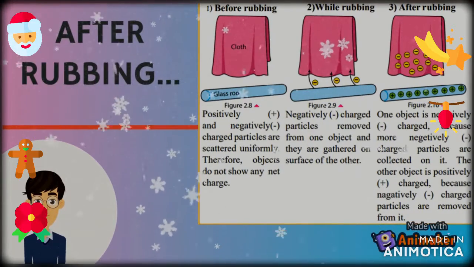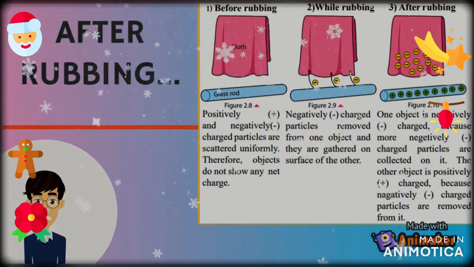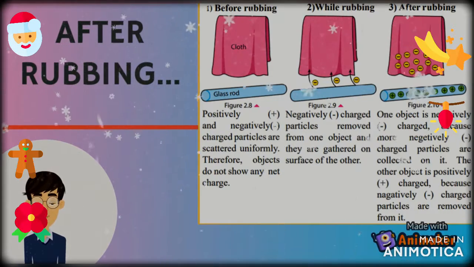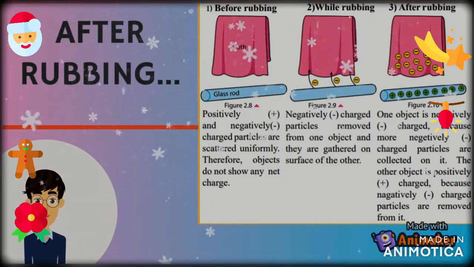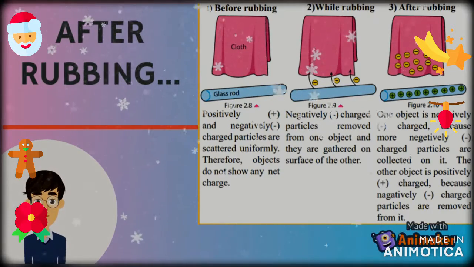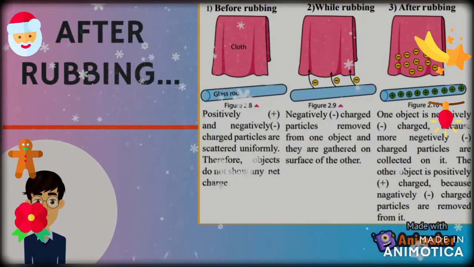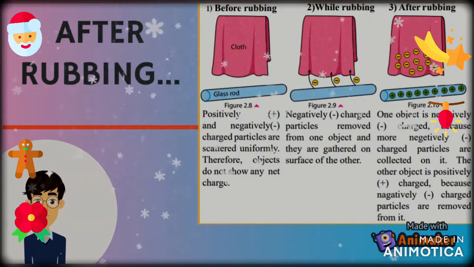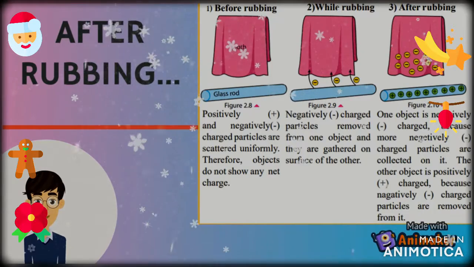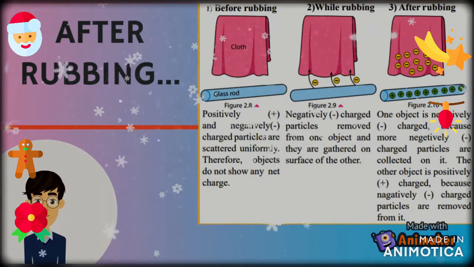After rubbing, one object is negatively charged because more negatively charged particles are collected on it. That is the silk cloth. The other object, the glass rod, however, is positively charged because negatively charged particles were removed from it when the silk cloth and the glass rod were rubbed with each other.